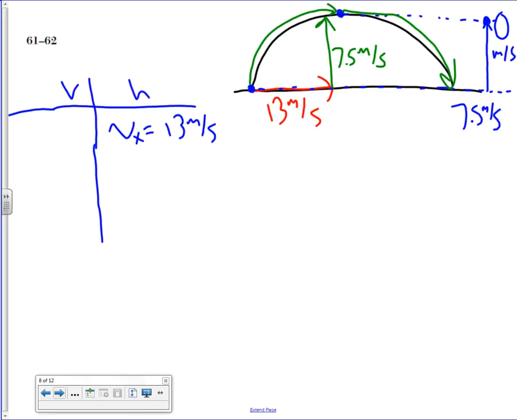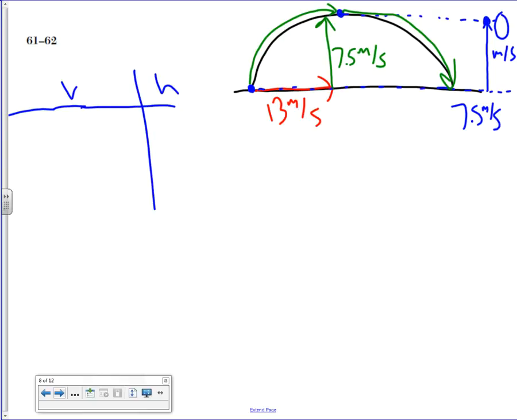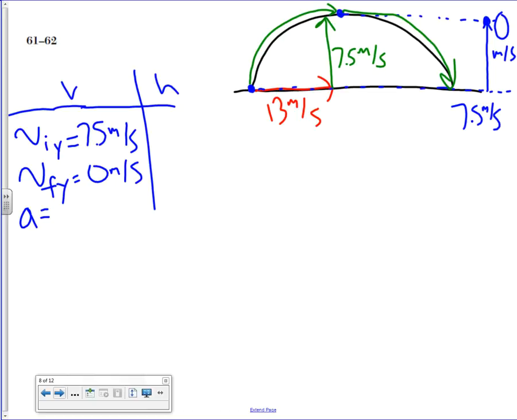So I'm going to move this over so I have a little more room. We know our initial velocity, VIY, equals 7.5 meters per second. We know our VFY is equal to 0 meters per second at the top. We know our acceleration due to gravity is negative 9.81 meters per second squared.